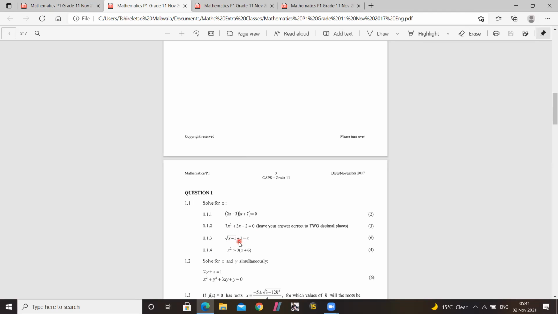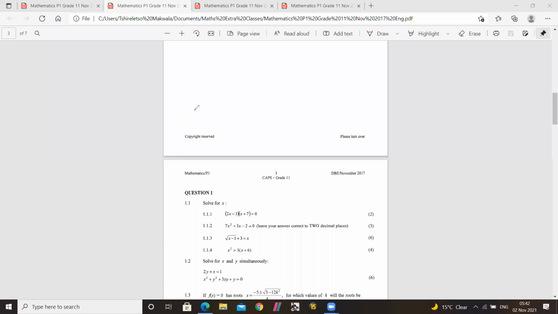So what are you going to do? We're going to take this 3 to the other side, right? Then what's going to be left is the square root of x minus 1 is equal to x minus 3, right?